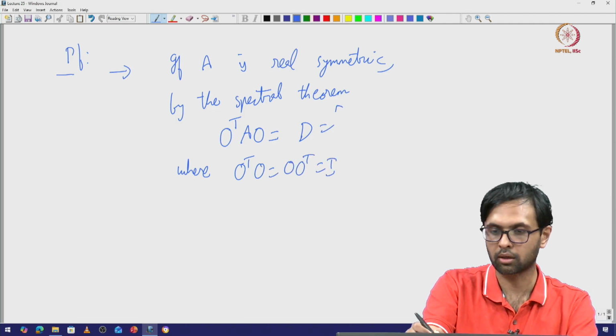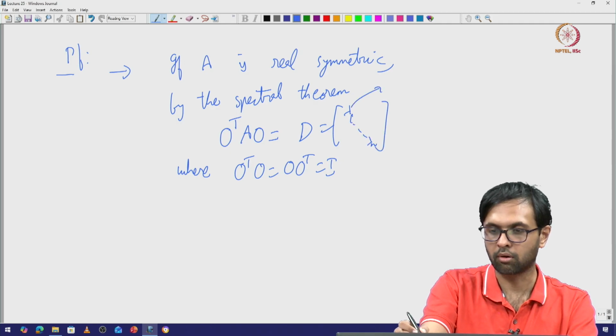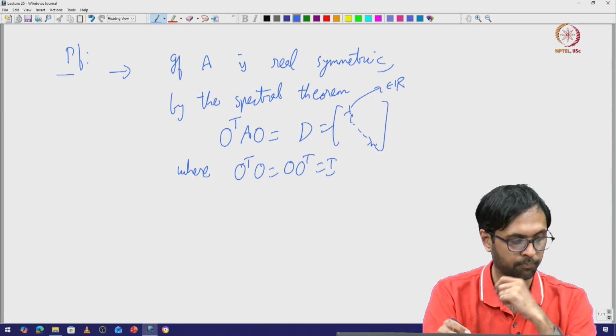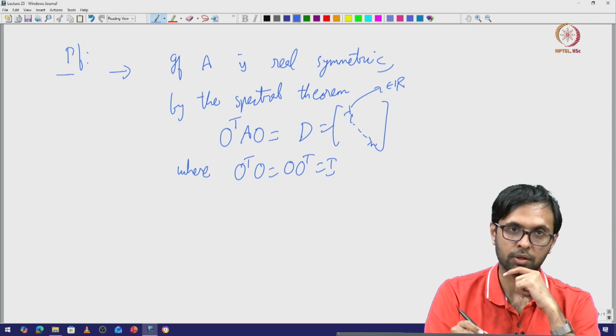Okay, this is diagonal, and all these are real eigenvalues. Now, suppose you want to study positive definiteness.